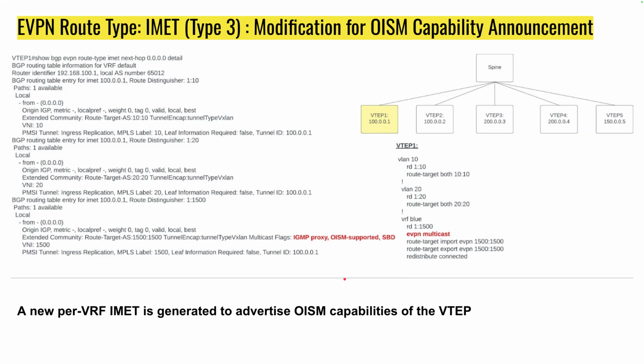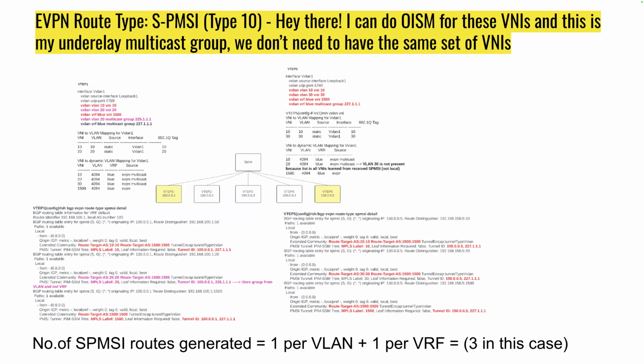Right. Now let's talk about the next change, that would be Type 10 routes. Let's say we are on VTEP 1 currently, and on VTEP 1, we have this configuration. We have VLAN 10 and 20 present, and we also have VRF blue.